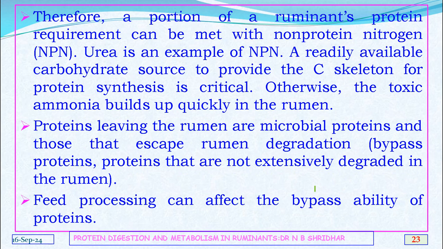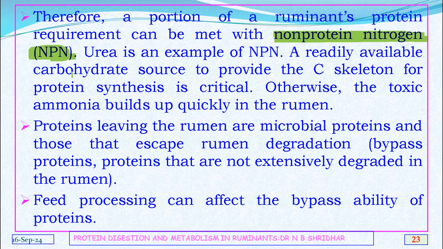Therefore, a portion of the ruminant's protein requirement can be met with non-proteinous nitrogen. That's why this capacity of the ruminant microflora to convert non-proteinous nitrogen to ammonia is utilized as one of the chief sources of protein.